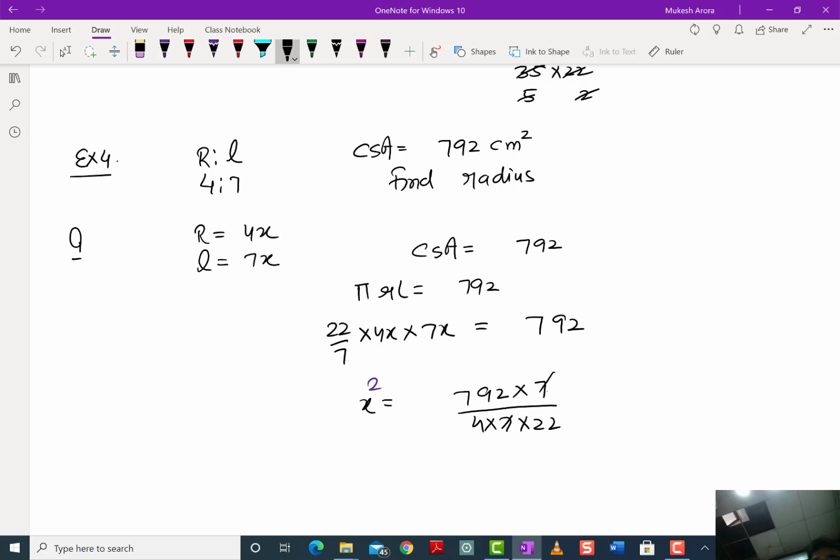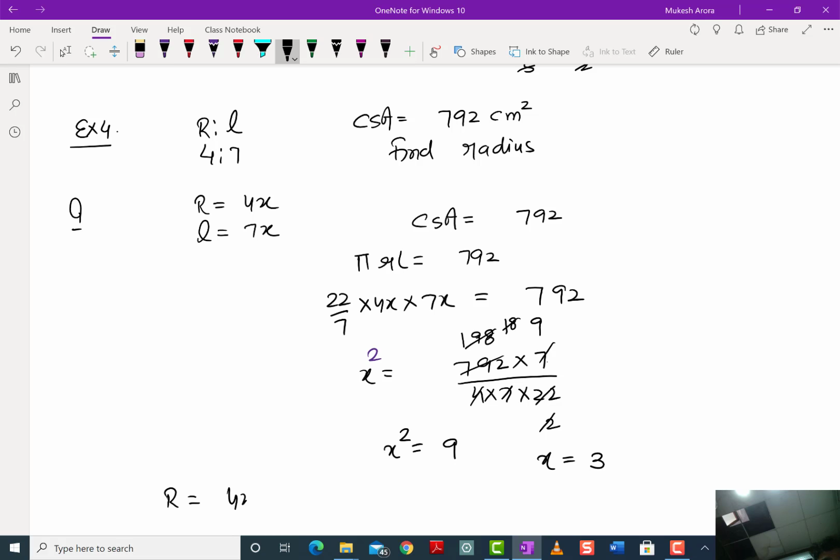This is cancel 4. 4 ones are 4, this is 9. 11 ones are 11, 11 eights are 88. This is 9. So x square is equal to 9, x is equal to 3. So radius is 4x, 4 into 3 is 12 centimeter.